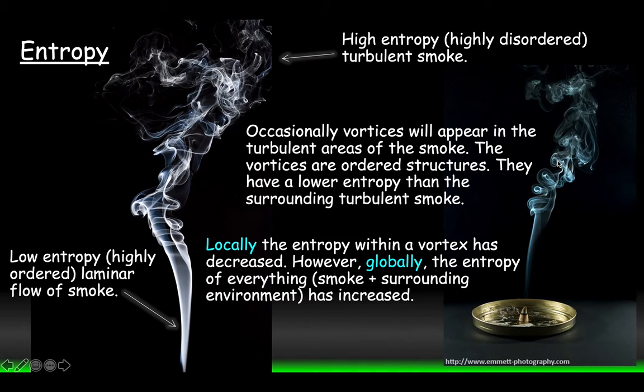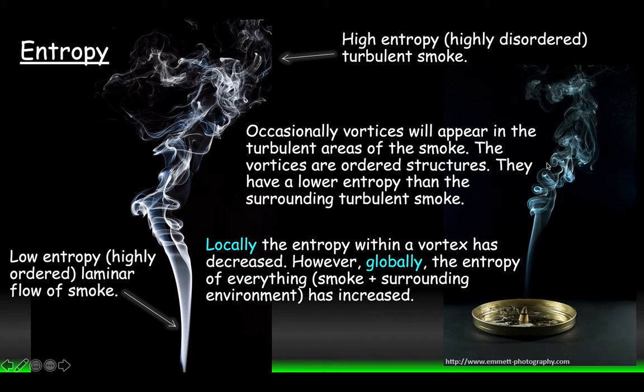So locally, the smoke particles' entropy has decreased. However, entropy increases globally, and when we talk about the increase of entropy, we need to talk about the increase in disorder of everything. So within the region where this vortex is located, you did go from disorder to order. But we need to consider the entirety of this smoke.